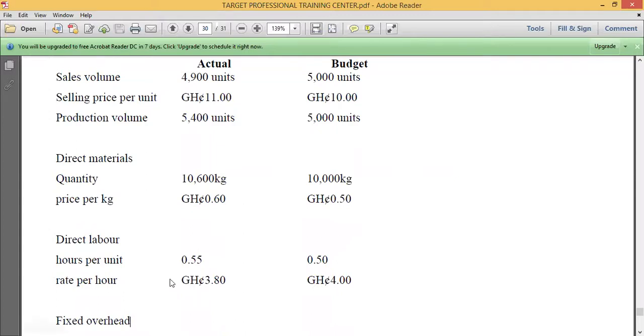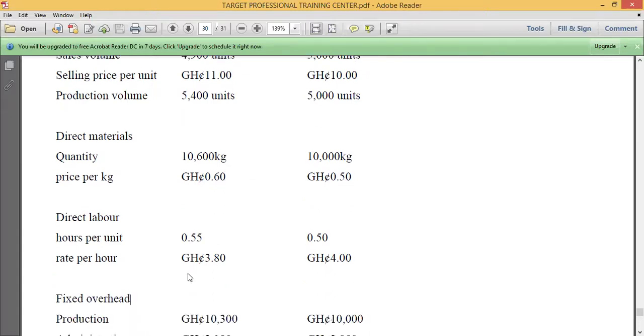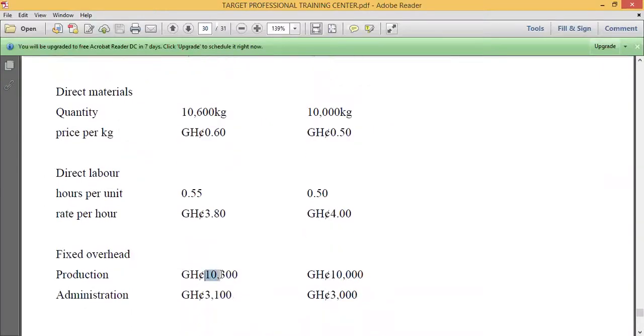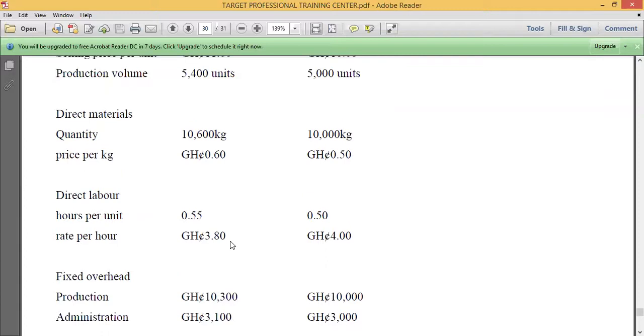To be on the safe side, you have to adjust it from the closing inventory. Now the closing inventory is 500. Normally you subtract closing inventory from your production cost to get the actual cost of sales. So what we are keeping is a production cost, not cost of sales. So get the cost of closing inventory. Because of the fixed production cost, I don't want to pick that one.